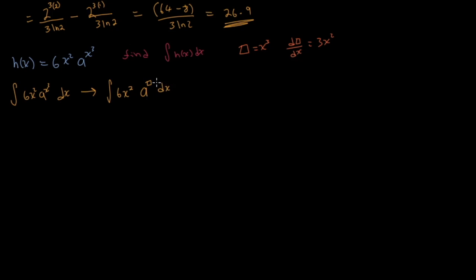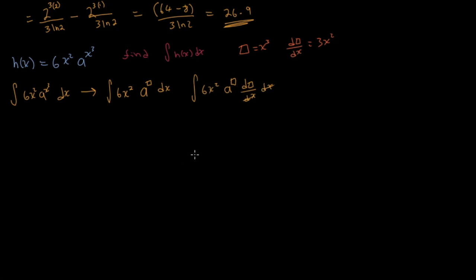But as you can see here, we want to be integrating with respect to this box here. So what we're going to do is multiply by this derivative here. So what we'll have is 6x squared times a to the box times d box by dx dx. And again, you can visualize these dx's canceling out.